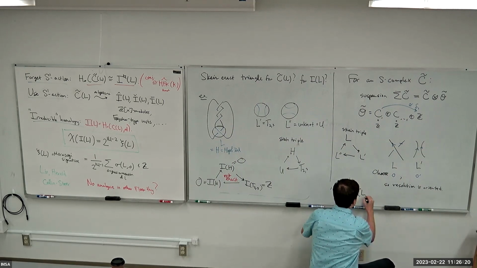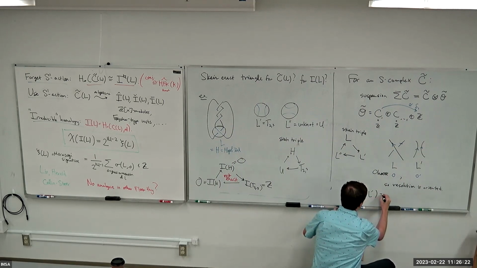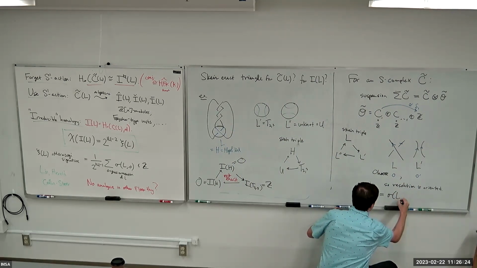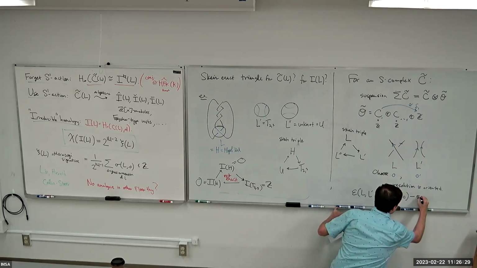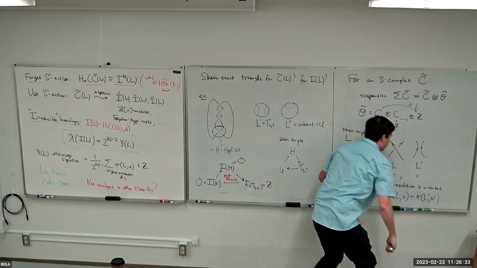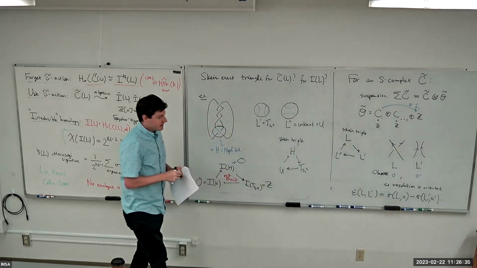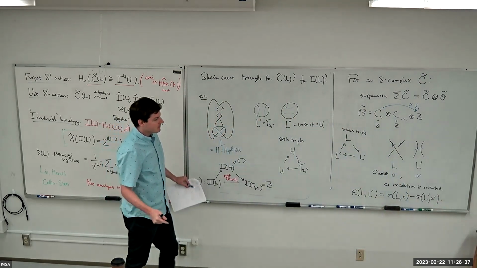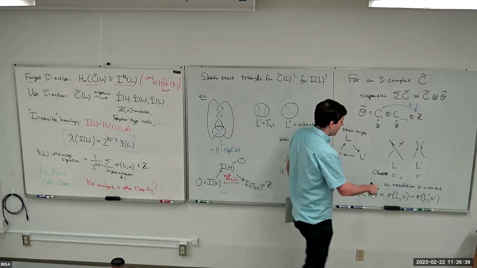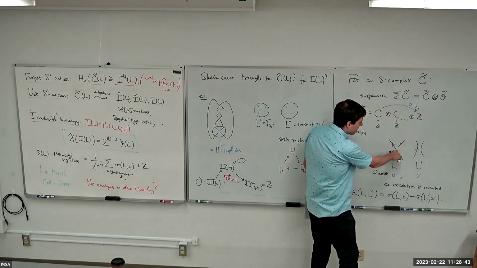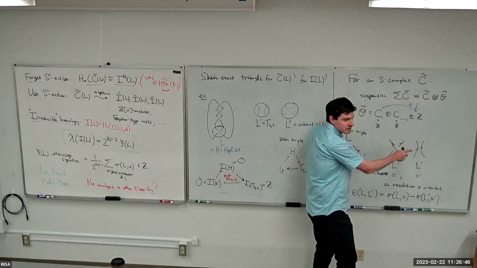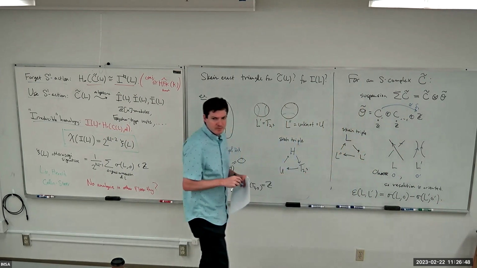Then we define this quantity epsilon of L prime to be the signature of L with respect to this orientation, the oriented signature, minus the other one. That's well defined, independent of your choice of orientations, as long as the orientations on the components not involved in the resolution match up.